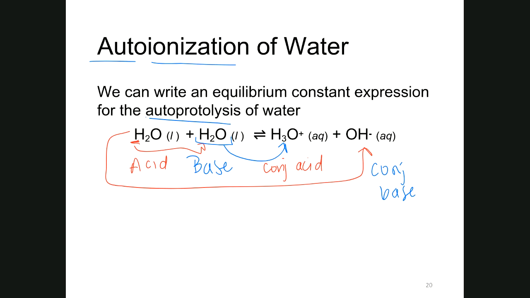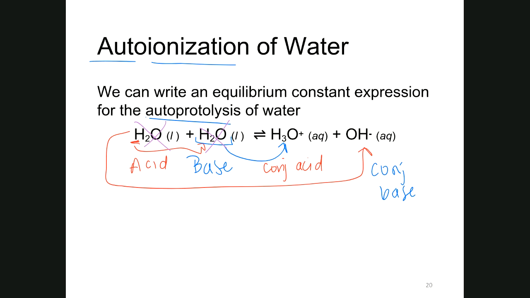And we can write an equilibrium constant expression for this reaction. Now remember, in an equilibrium constant expression, we do not include solids or liquids. So in this case, everything on the left side of our reaction is a liquid, so none of it will be included in our equilibrium expression.